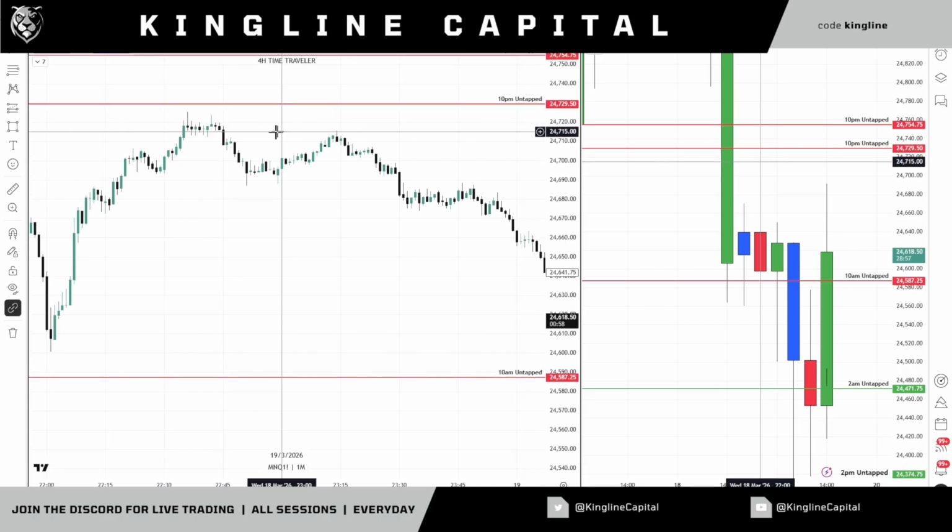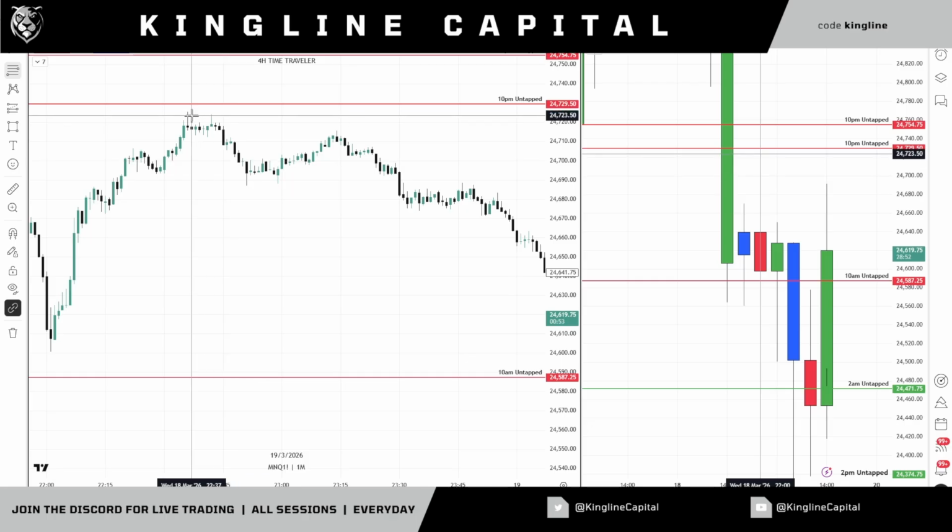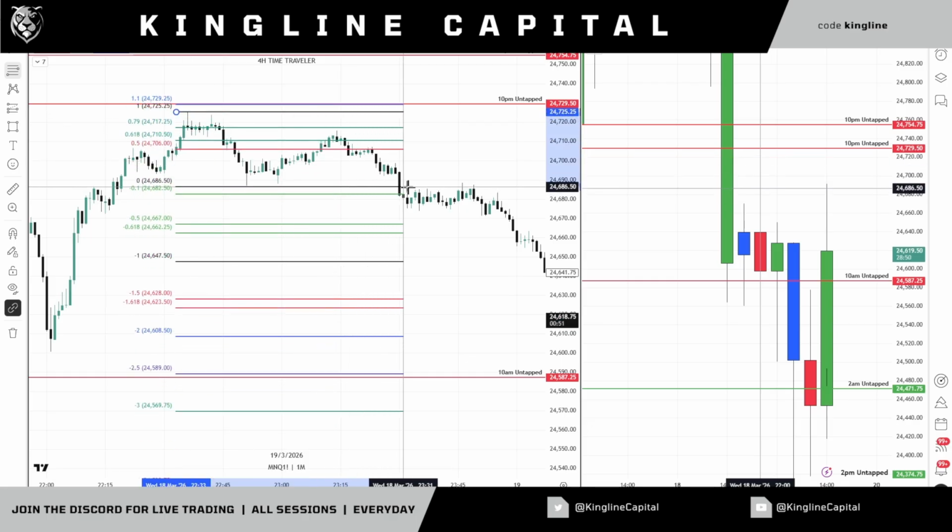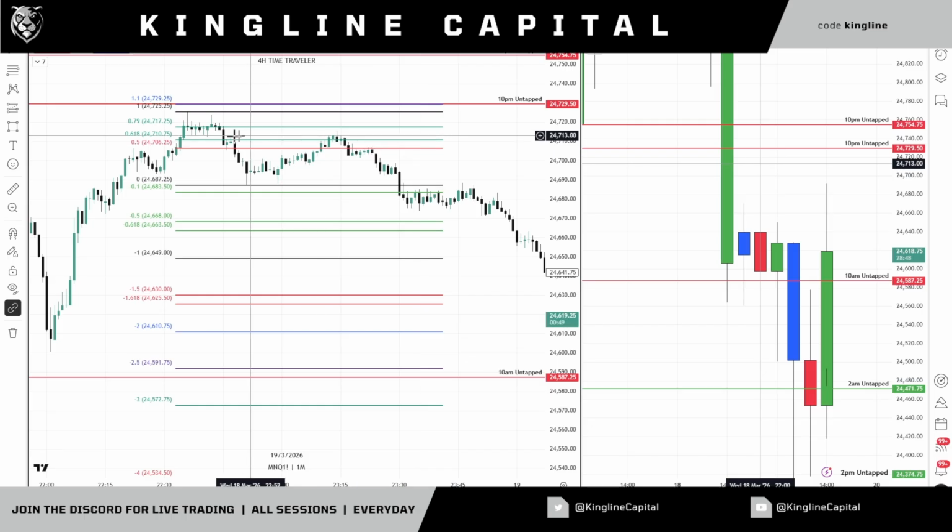It stalls, pushes away, and whatever your entry model is, I like to use fib to find some sort of entry model. This is less aggressive, but into premium of the range.